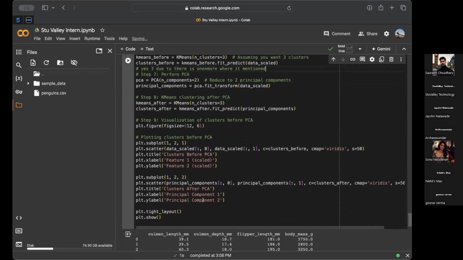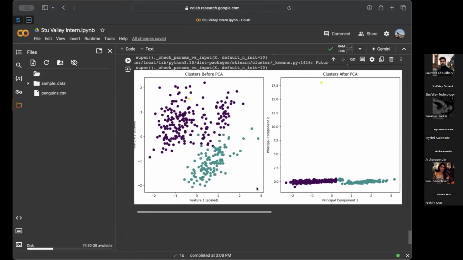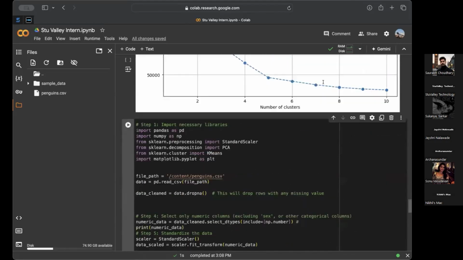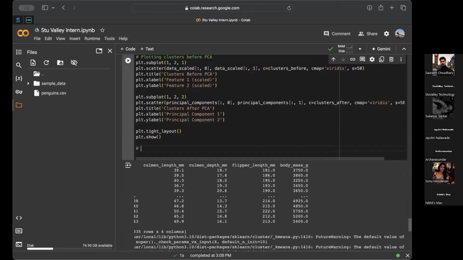Okay, and we are subplotting. Okay, subplot doing okay. So data scaled. The yellow dot is centroid.